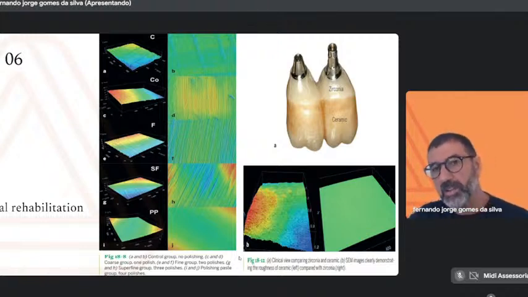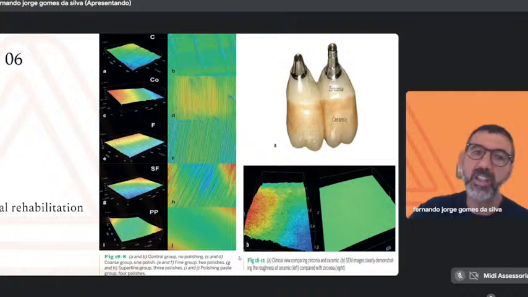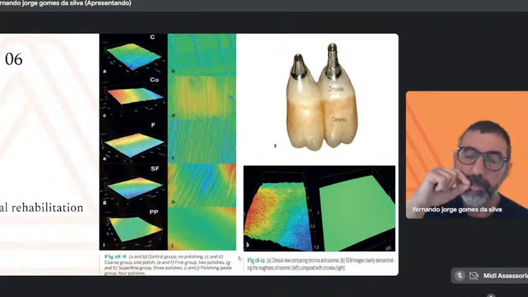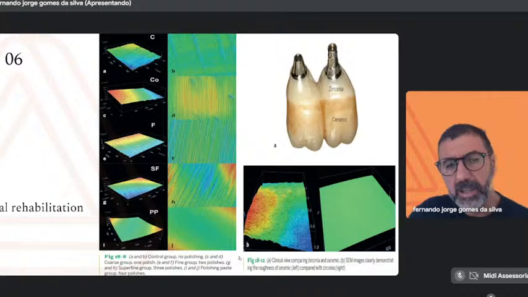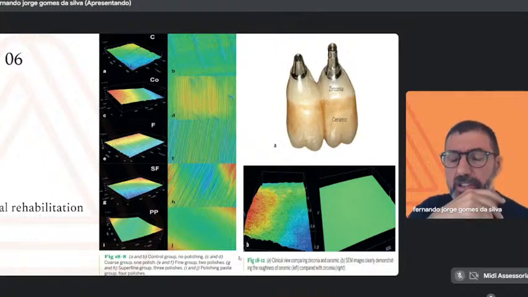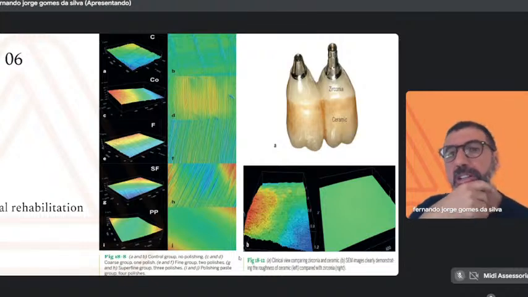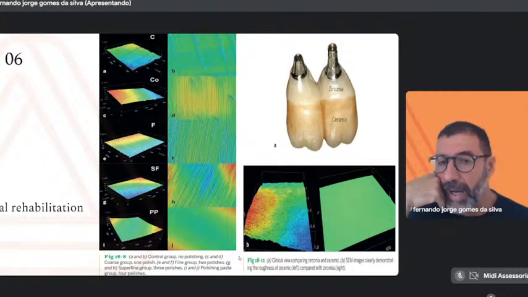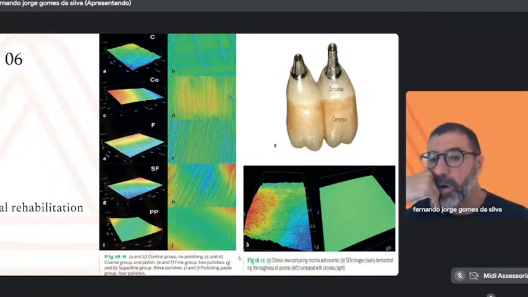Why? Because the zirconia has to be polished, 4 times polished, as we see on the left side of the picture. We have 4 polishing processes. We have the image in the electron microscope, well polished zirconia, and on the right side we have the difference between the roughness of the ceramic on the left side and the well polished zirconia.